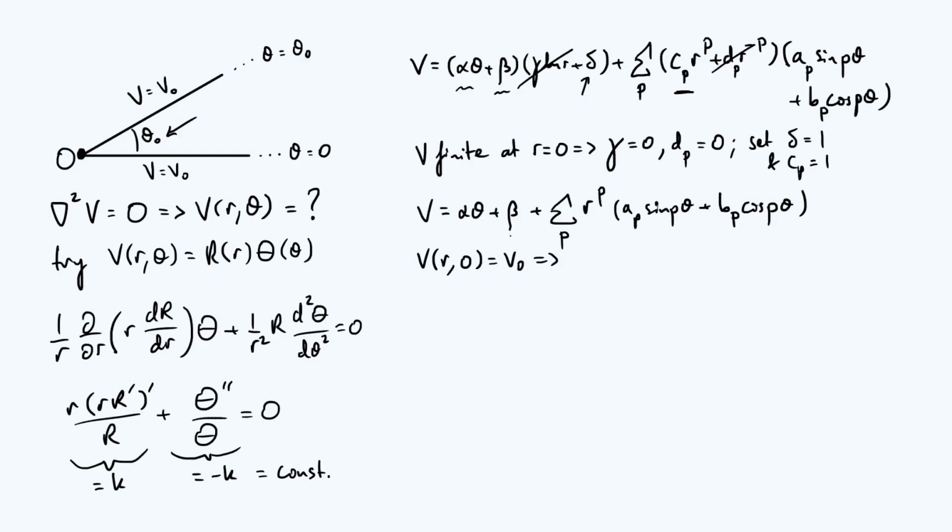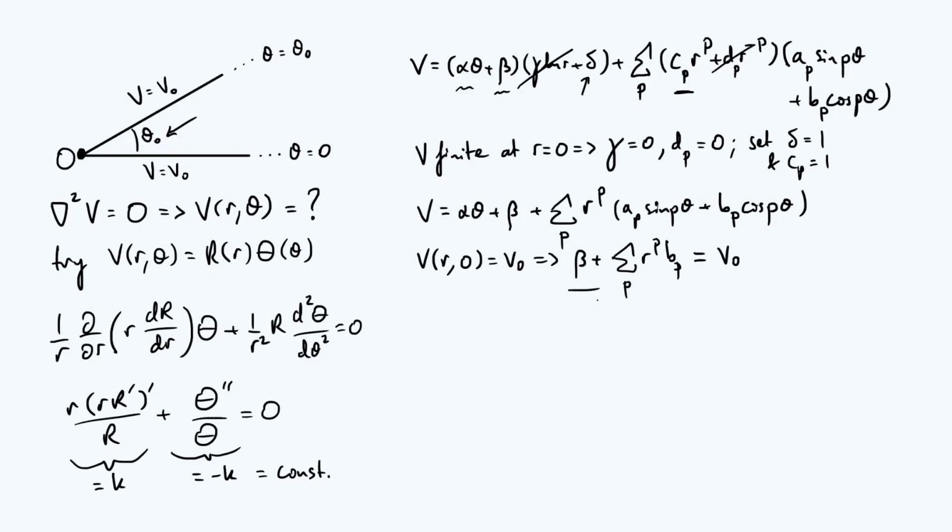So if we substitute theta equals 0, this term will disappear. So you get beta, then the sine terms all disappear because sine of 0 is 0, and the cos terms all become just b_p because cos of 0 is 1. And so we have beta plus the sum over some values of p of r to the p times b_p. That stuff is supposed to equal v naught.